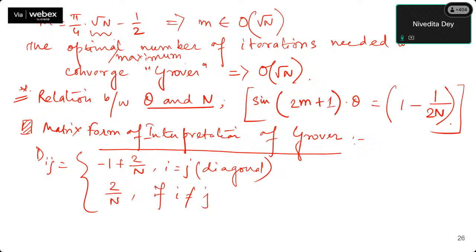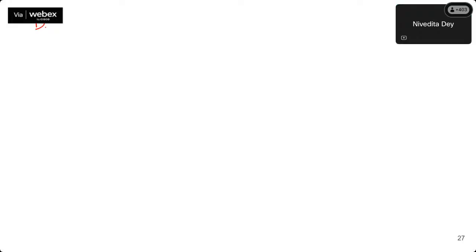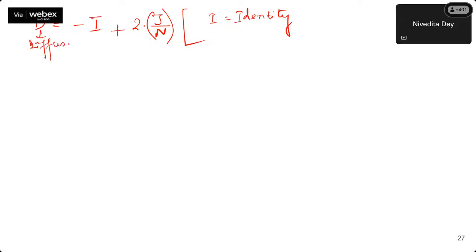And the diffusion matrix D, dij were the elements. So D will look like minus I plus 2J by n. Again, what is J? Let me write. So I is the identity matrix here. This is called diffusion operator. So diffusion operator itself is also a matrix. So this is also diffusion matrix.